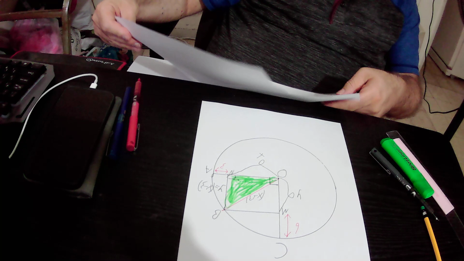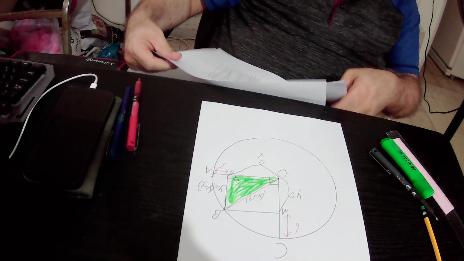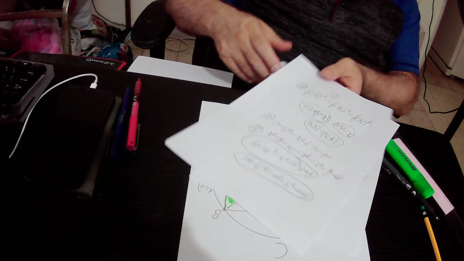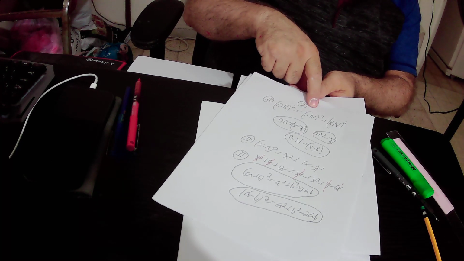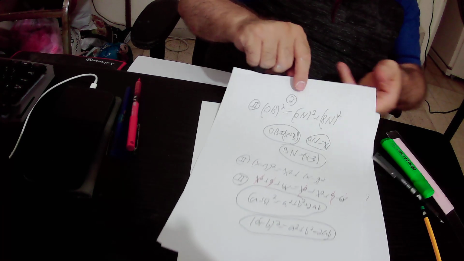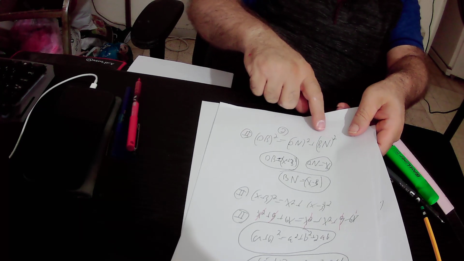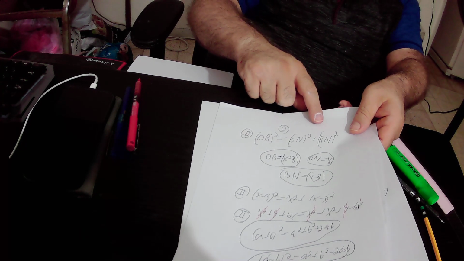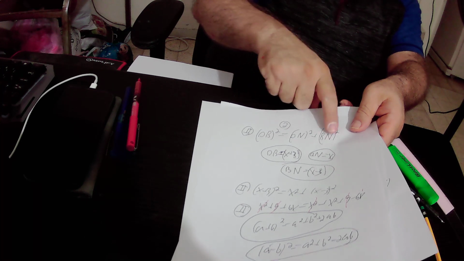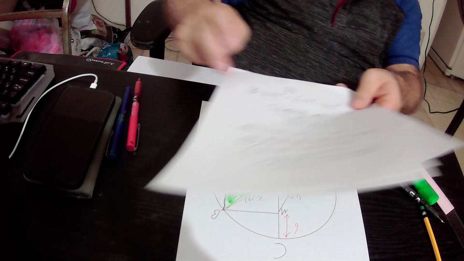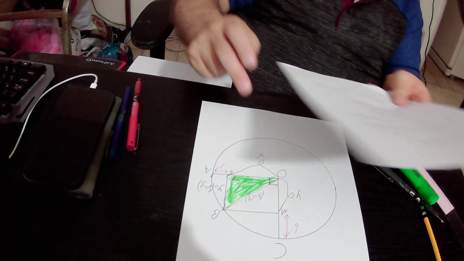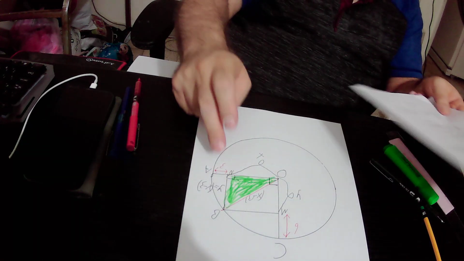So according to the Pythagorean theorem, OB square, the square of the hypotenuse, equals the sum of the squares of the perpendiculars, that is, ON square plus NB square. But we know that OB equals x plus 3, ON equals x, and NB equals x minus 3.